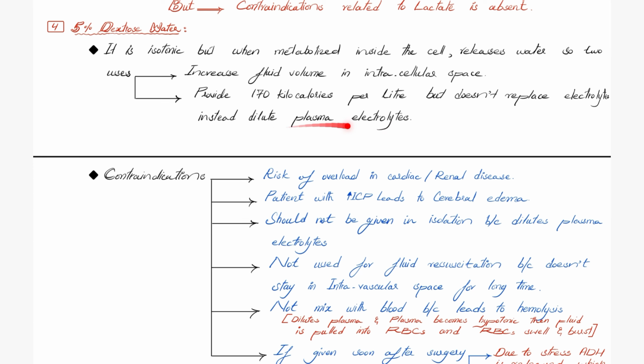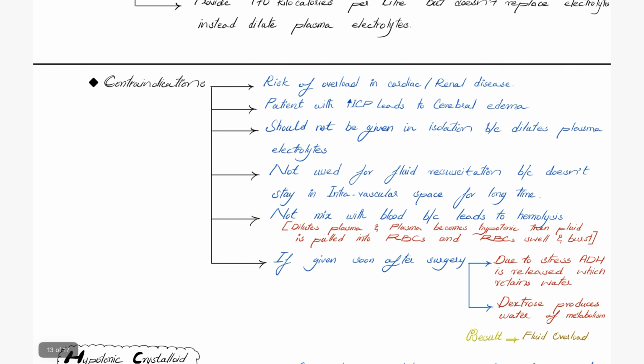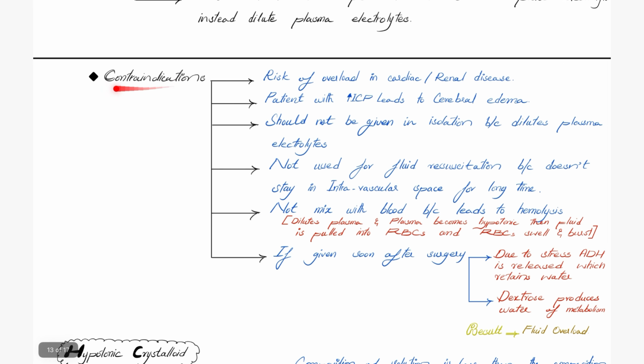So it increases fluid volume in the intracellular space, and this water also diffuses to the interstitium and intravascular space, increasing fluid volume there as well. So that's why it dilutes electrolytes, and first it acts as an isotonic, but later on it becomes a hypotonic solution.